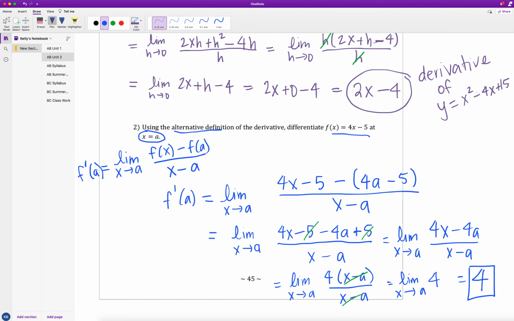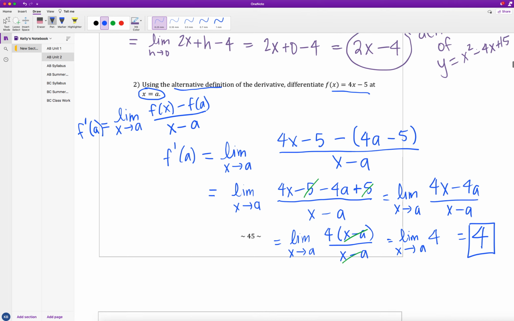Now I'm just taking the limit of a constant, so that leaves me with that constant. And what that 4 represents is the derivative of f of x at x equals a. So through these two examples, we can see how we're using the definition of the derivative to compute the derivative the long way.